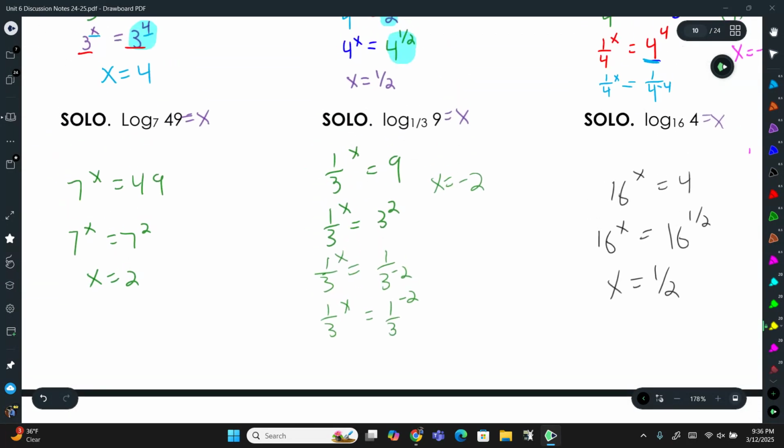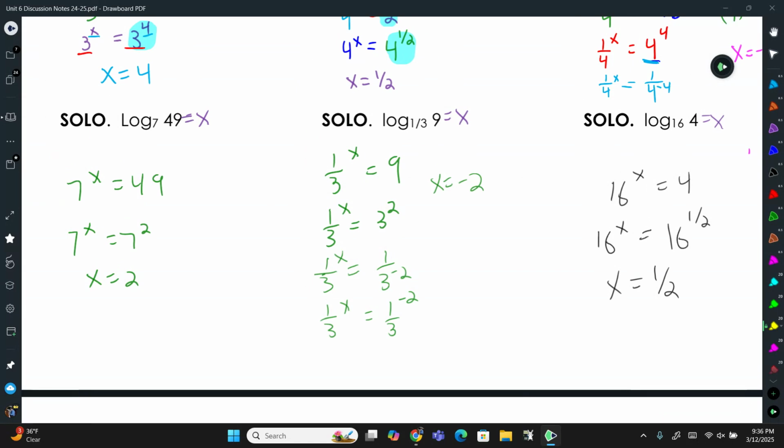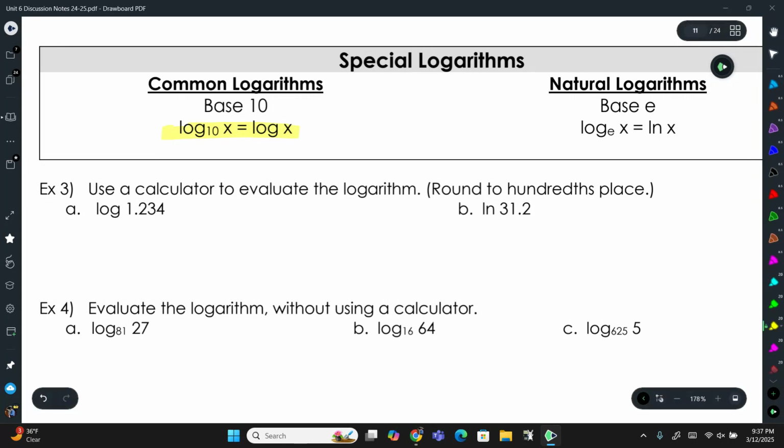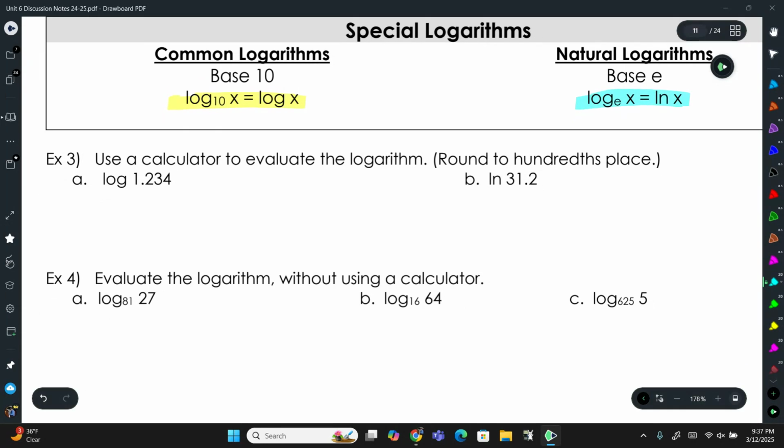These problems up here did not have a base 10, like log base 7 of 49. If we just press the log button, there's an invisible 10 there that we don't see. So if we ever have a log with no base written, it's an invisible 10. And then we also have what's called the natural log, which is a log with the base of e, that natural number from the prior lesson.